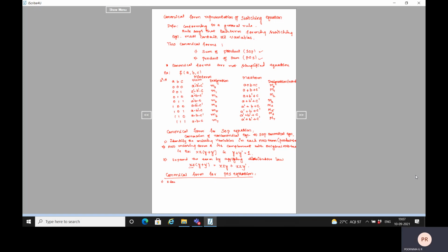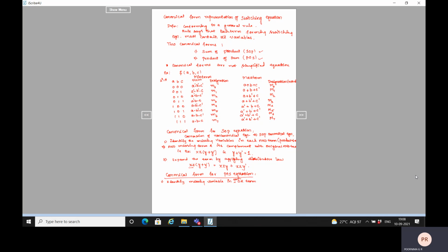The very first step during the conversion process is to identify the missing variable in each OR term, because the equation, when considered, will have multiple OR terms.